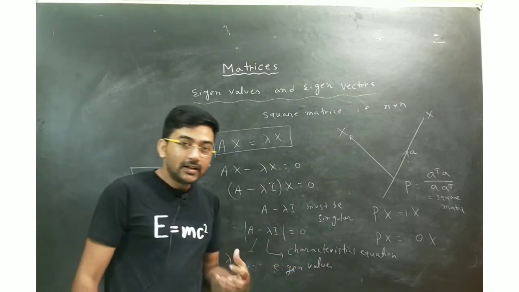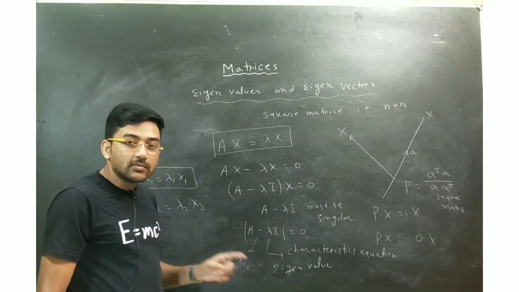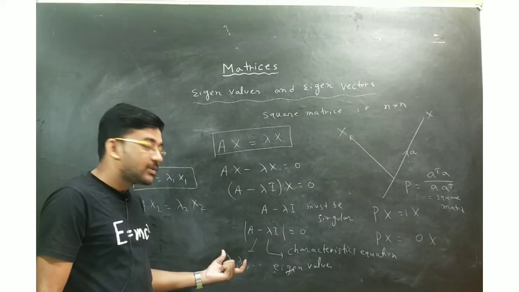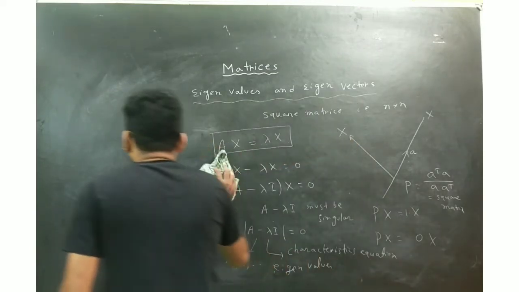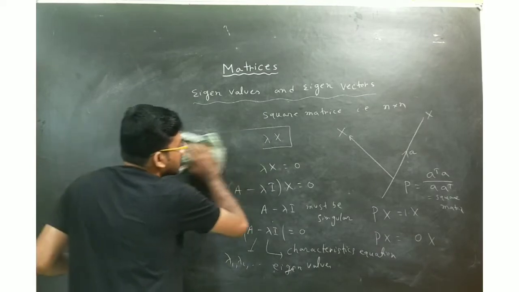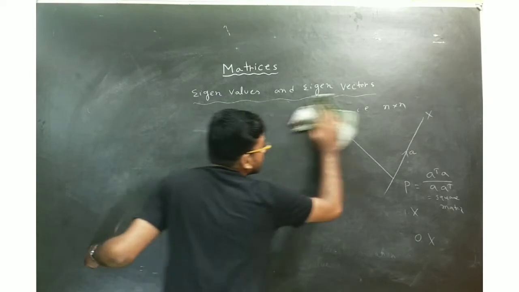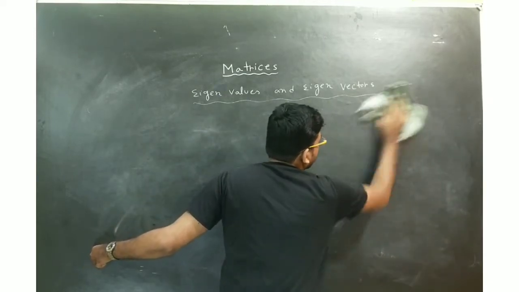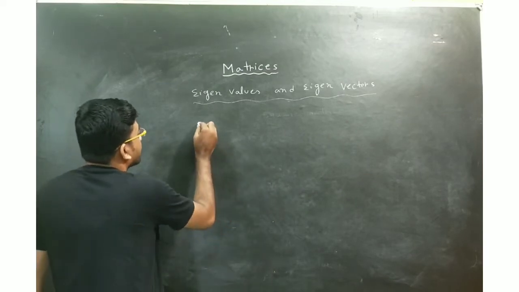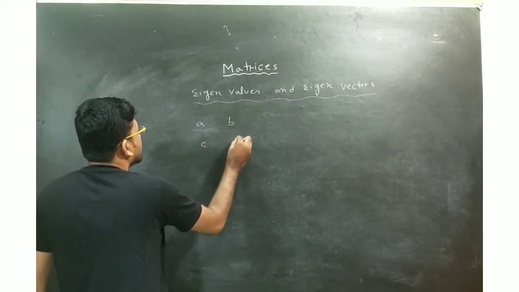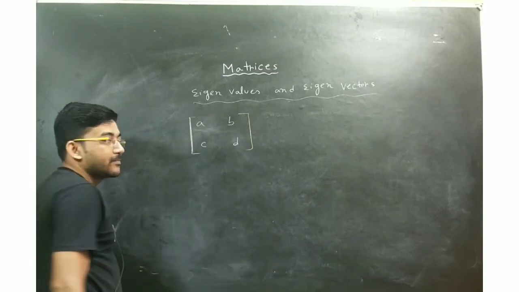But before that, let me tell you some more properties of eigenvalues, the most important properties about eigenvalues. Let me take a 2 by 2 square matrix, something like this: A, B, C, D. Suppose this is our square matrix.